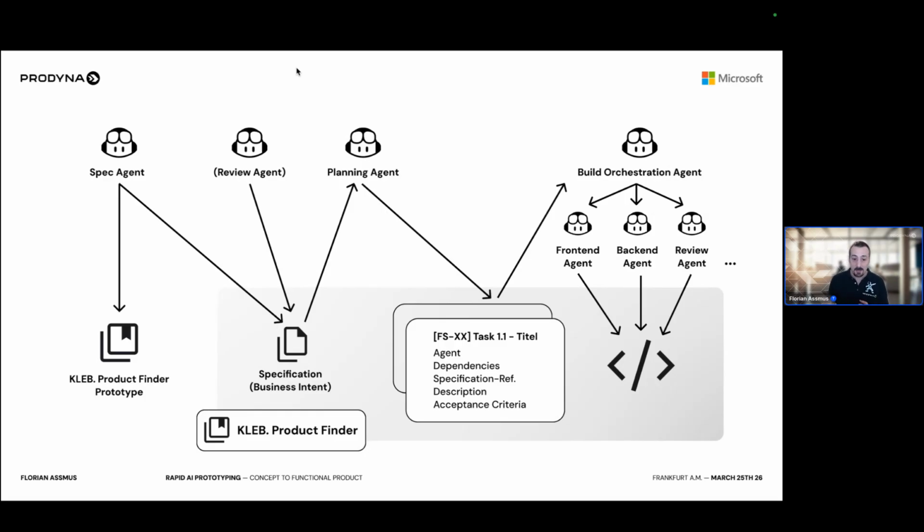And last but not least, we then will tell our execution engine, our orchestration agent: hey, pick up all the issues for this specific feature, order them in the correct sequence, and start implementing by creating sub-agents that do the actual work, and they are experts in implementing these tasks.